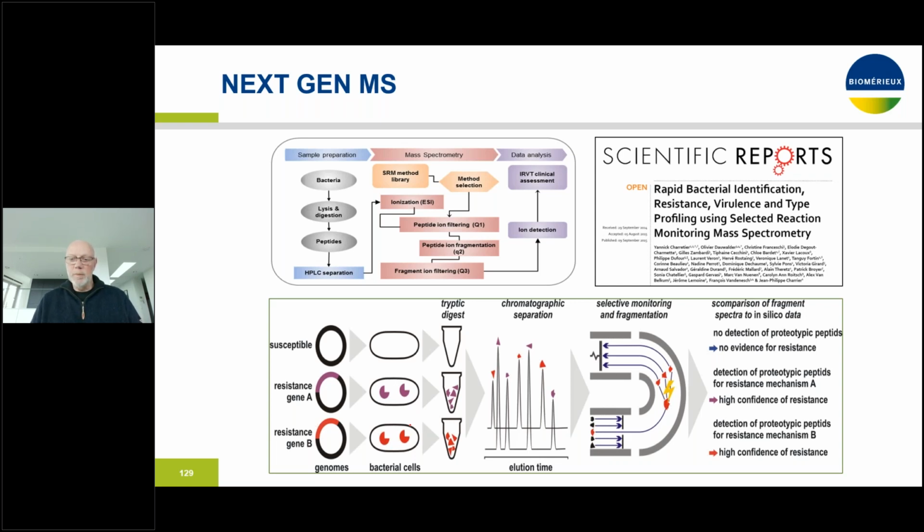My colleague Jean-Philippe Charrier published a paper a couple of years ago in which he showed that with new methods of mass spectrometry, so not the MALDI method, but other ionization-driven methodologies, you can, in single assays, define whether a bug is species A, B, C, or D, whether it's resistant to certain antimicrobials, and whether it's virulent, and also what its epidemiological type is, based on peptide mapping and peptide profiling. I'm not going to tell much about this.